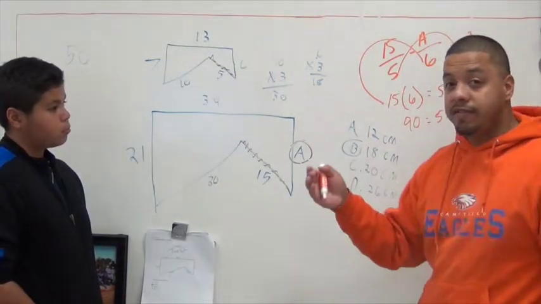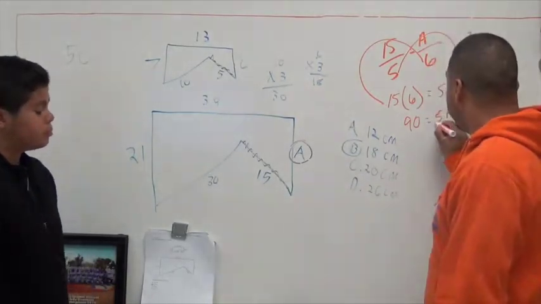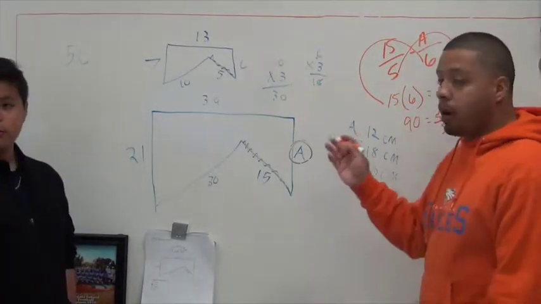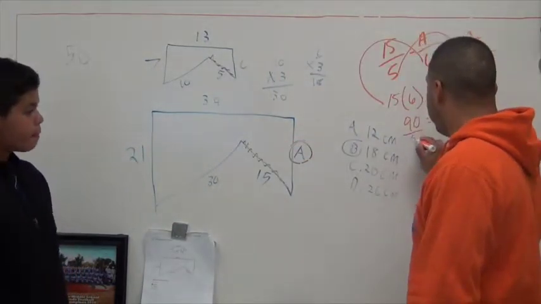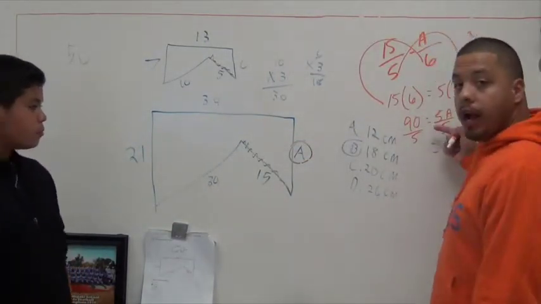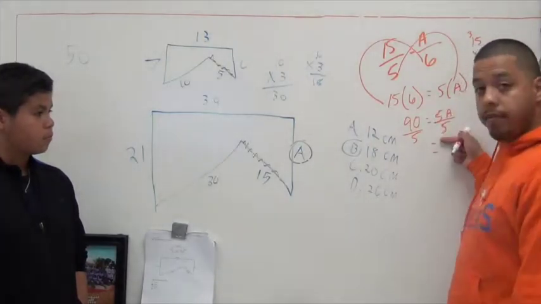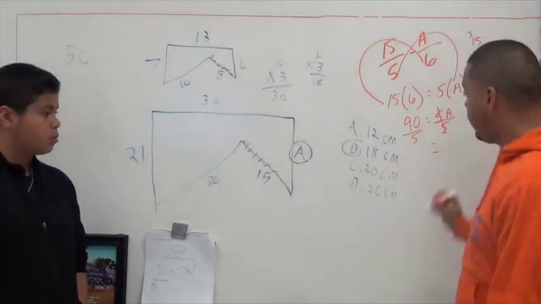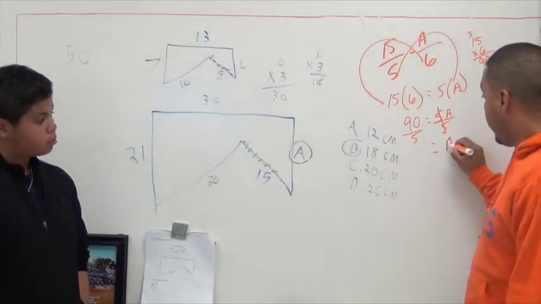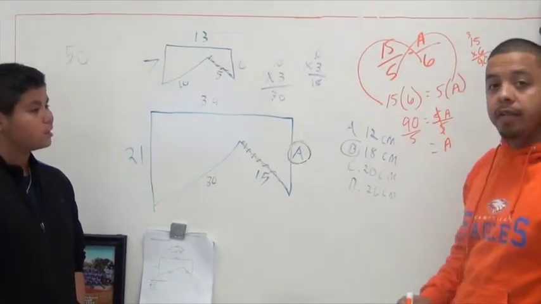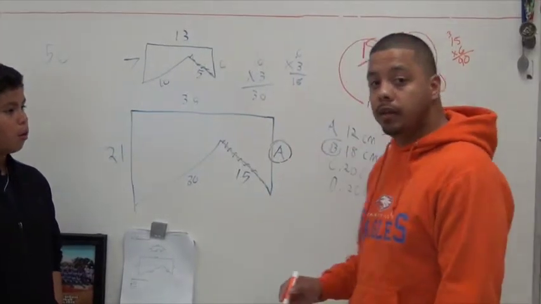So we know that it's dividing by 5, right? So I'm going to divide this side by 5, but whatever I do to one side, I must do to the other. So I'm going to divide this side by 5 as well. Here I end up with 5 over 5, so that gives me 1, and 90, and it leaves A by itself. And 90 divided by 5 should be 18.